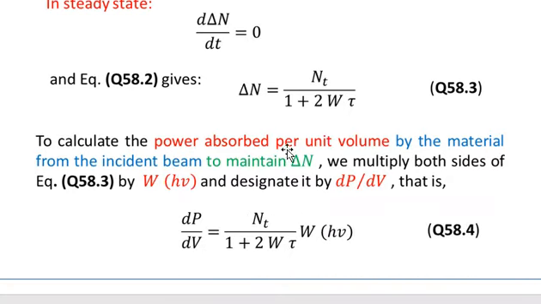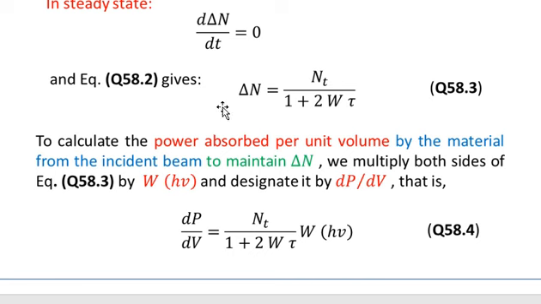To calculate the power absorbed per unit volume by the material from the incident beam, to maintain delta N, we multiply both sides of equation number 3 by W into h nu and designate it by dP over dV. So dP over dV is actually the power absorbed per unit volume.